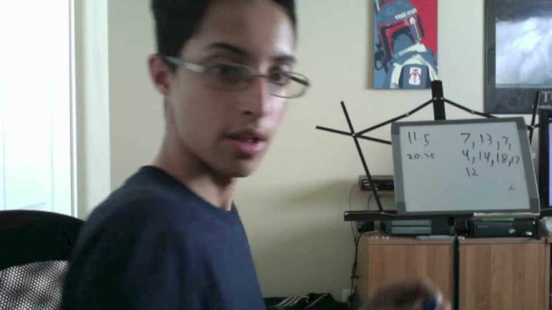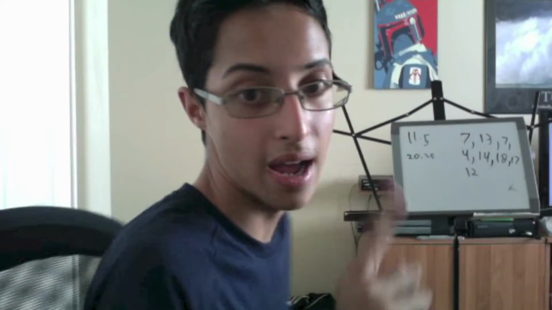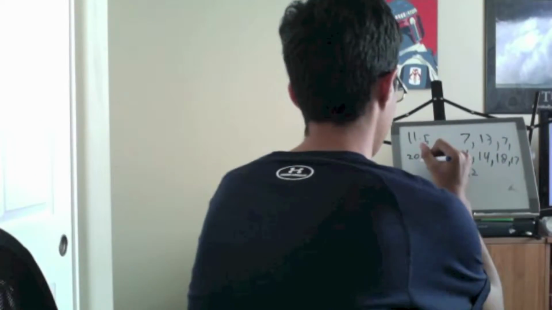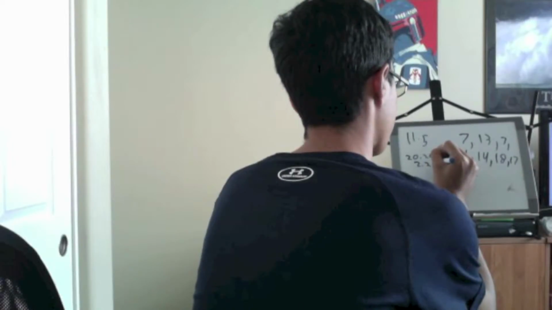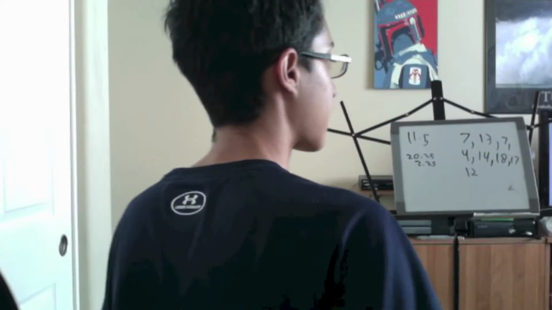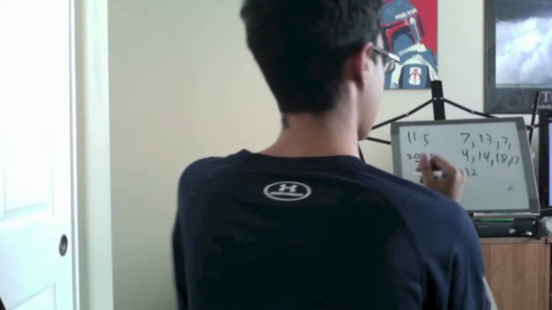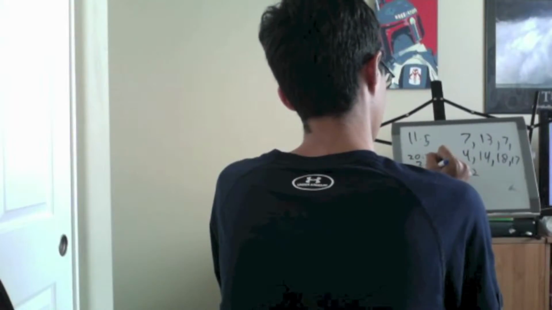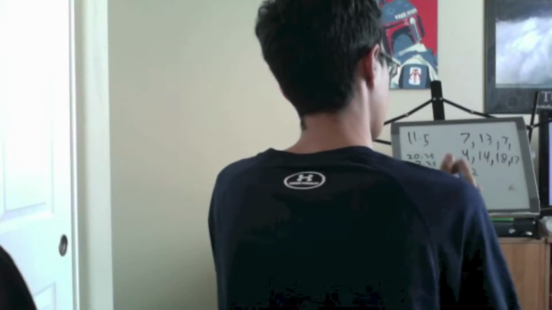So 20.25. 13 minus 11.5, that is 1.5. And then we have to multiply 1.5 times 1.5 to equal 2.25. And since we have 7 twice, I can write down 20.25 again. Next after that, we have 4.